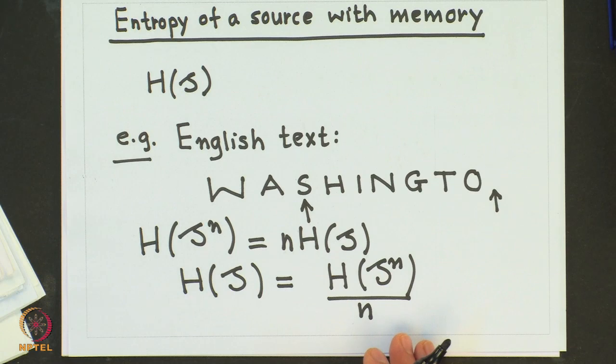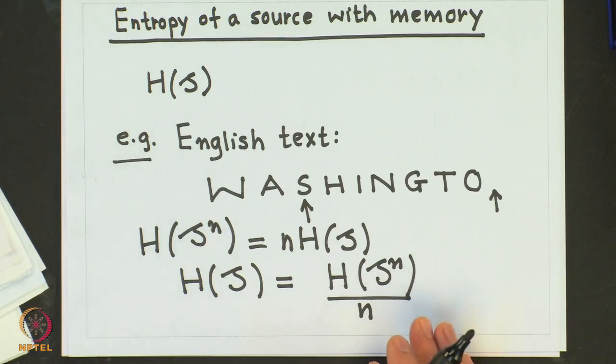Now, if this source was not memoryless, then also I can calculate the entropy of a block of n symbols emitted from this source with memory.